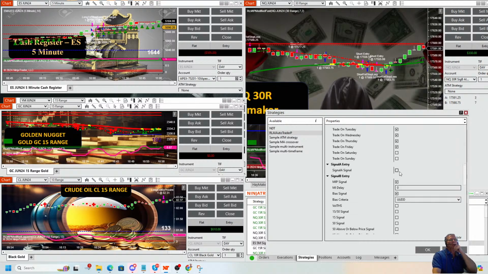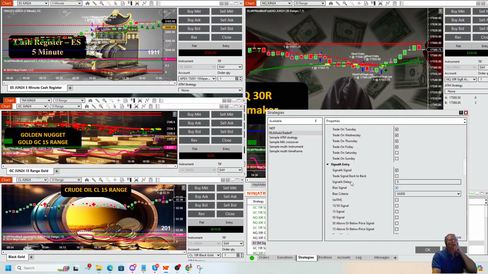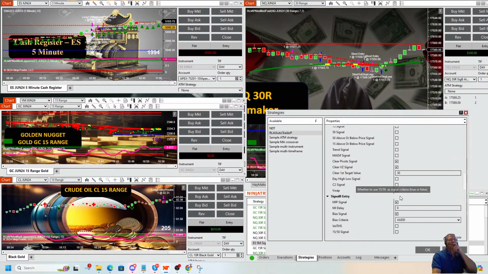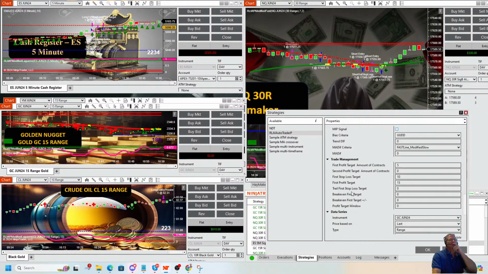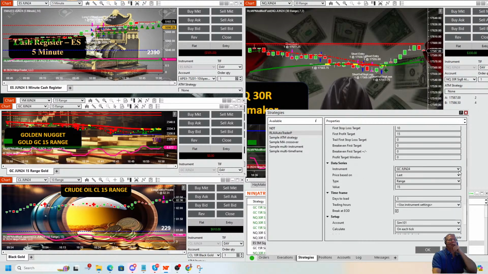And this time we'll do it on a signal A. And we're only going to do the bias and the pivots and volume zone. We'll take off the B. We'll put it on the Nasdaq on a 30 range.